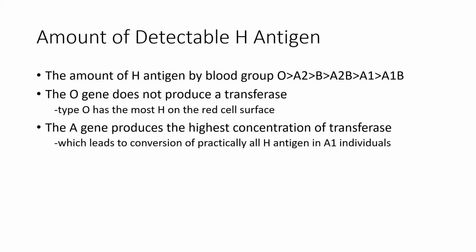They have the most. The A gene produces the highest concentration of transferase, which leads to conversion of practically all H antigens for A1 individuals. So in A1B people, you have the best transferases working to convert the H antigens, so they have the least amount of H left.